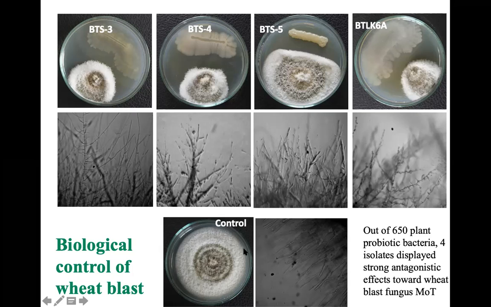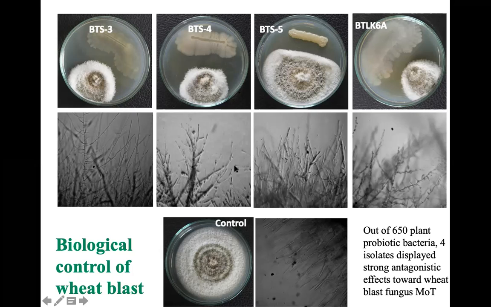Here you see in control, completely filled within 7 days. Similarly, these 4 bacteria restricted the growth of the mycelia. That means they are antagonistic. They could be used as biocontrol, as a biopesticide. And we checked how this growth is inhibited.